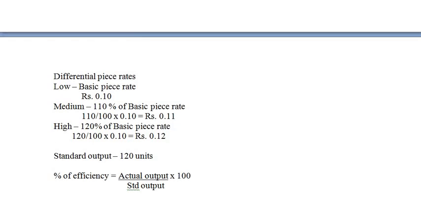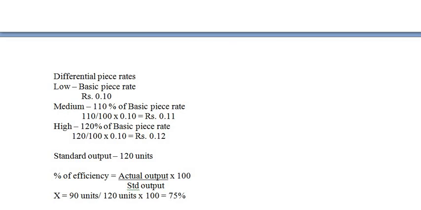Now there are three workers X, Y and Z. X: X has produced 90 units divided by standard output 120 units into 100, which is equal to 75%.